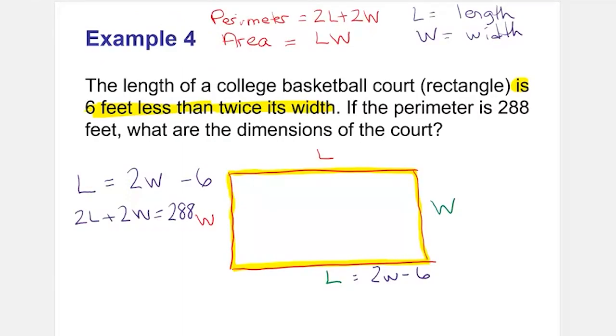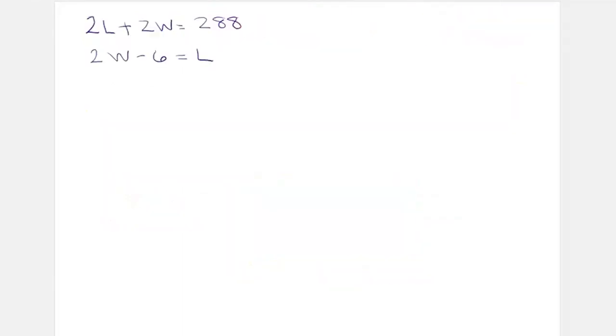Well, now I know enough, because I can take this L, which I know is equal to 2W minus 6, and plug that in for L. So I get 2 times (2W minus 6), because that's L, plus 2W is equal to 288.